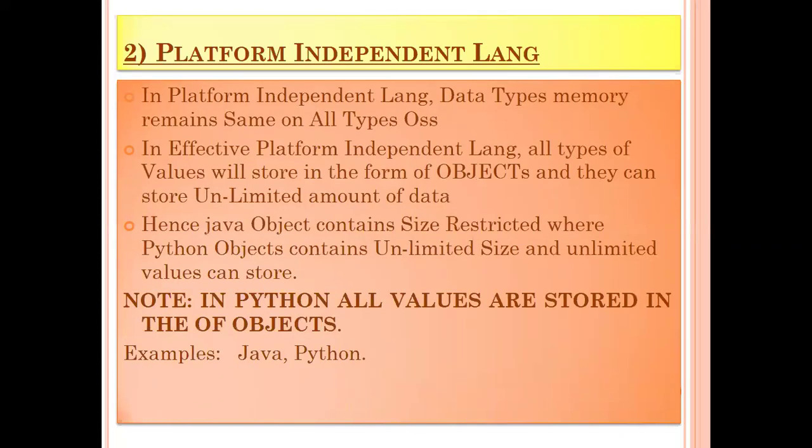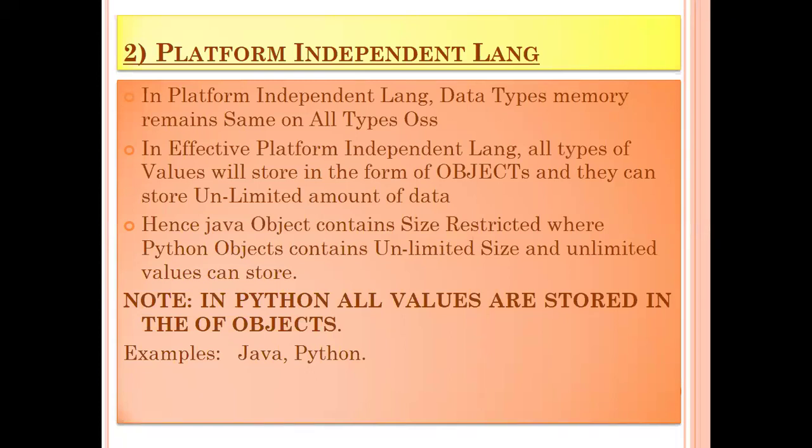Second is platform independent language. Data types remain the same on all types of OSs. And in Python, all types of values are stored in the form of objects. Please remember that all types of values are stored in the form of objects.